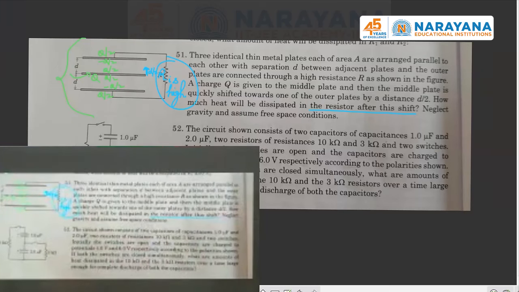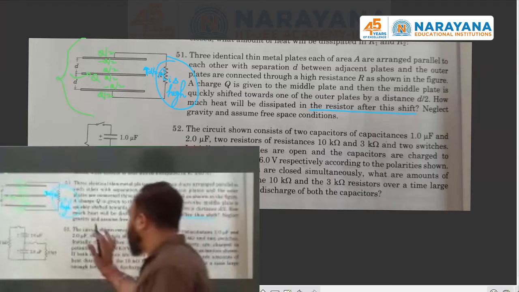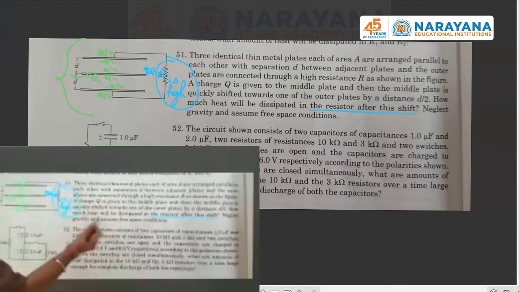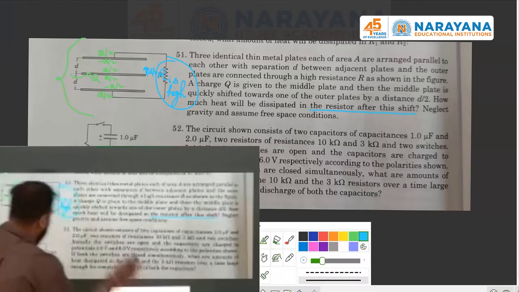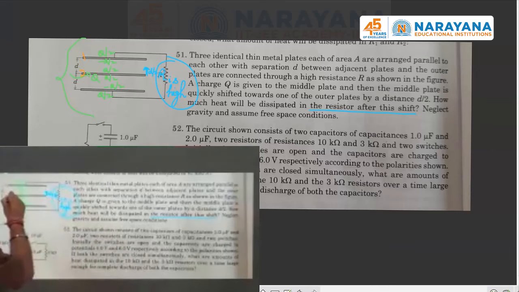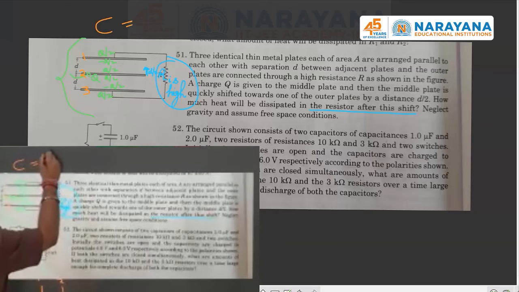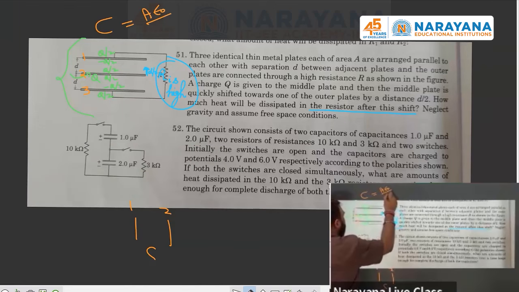Charge will move afterwards. In terms of circuit language, let me solve the way you people want to write it. If this was 1, this was 2, this was 3, what I'm trying to say is, you are having this capacitance between 1 and 2. Let me call it C. Let me draw it, although you will understand that you don't need it. It is A epsilon naught by d.